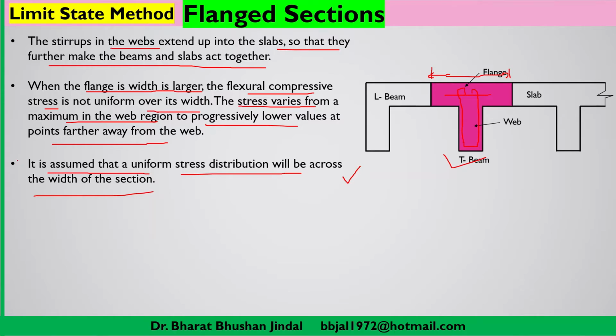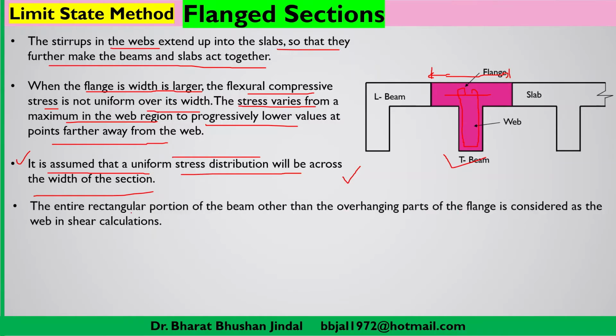So this is our assumption: however the compressive stress may vary with the width, for the analysis and design we just consider a uniform stress distribution. The entire rectangular portion of the beam, other than the overhanging part of the flange, is considered as the web in the shear calculation.